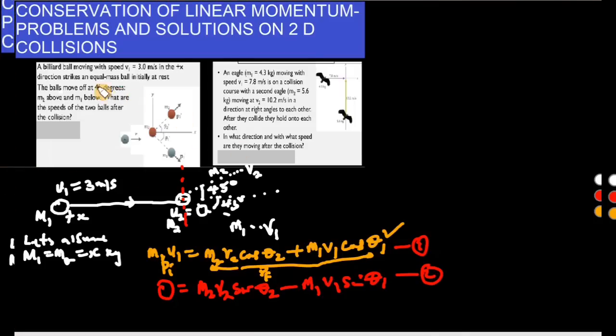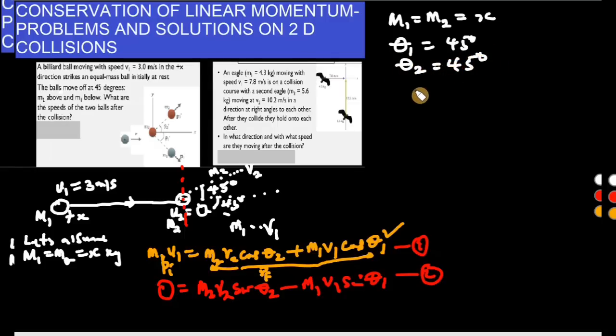So in this question we know that the balls are of the same mass, so m1 equals m2 equals x. The angle theta 1 is 45 degrees, so theta 1 equals theta 2, so this is again 45 degrees. The initial velocity for this first ball is given as 3 meters per second.